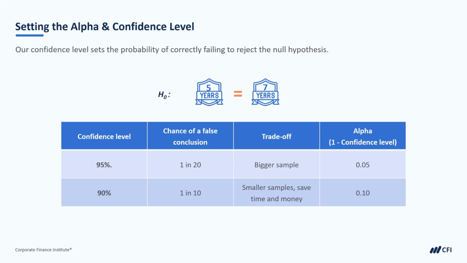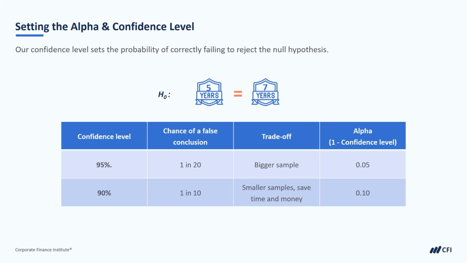If we lower our confidence level to 90%, there would be a greater chance of a false conclusion. However, this greater uncertainty can allow us to work with a smaller sample, which could save us time and money. So selecting our confidence level is a trade-off, depending on how important the accuracy of our results is. In our scenario, we don't have to worry about these constraints, so we'll stay with the 95% confidence level.